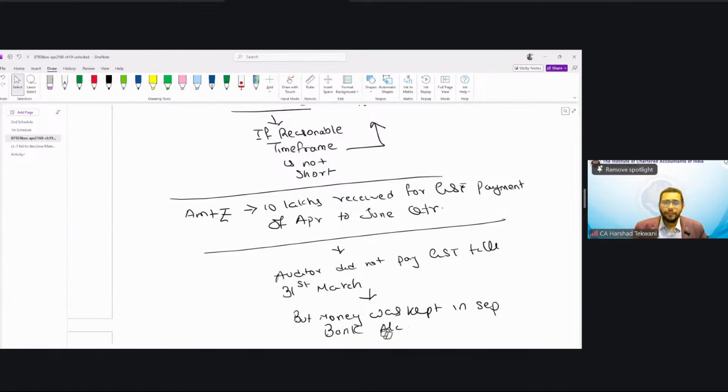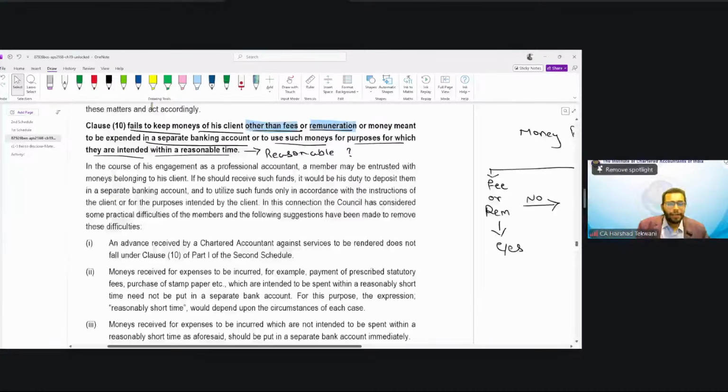See the wordings of the clause: if you fail to use the money for the purpose for which it is intended within the reasonable time. So one part of the clause talks about a failure to keep the money of the client in a separate bank account.